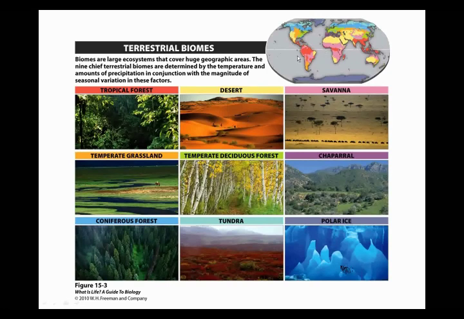Then we have things like deserts, which are also going to be found near the equator. You can see here a little bit above, and they are going to be dominated by very high temperatures and low rainfall. Then we have our savannas, which are found a lot through here, which are basically our grasslands without a whole bunch of huge trees.